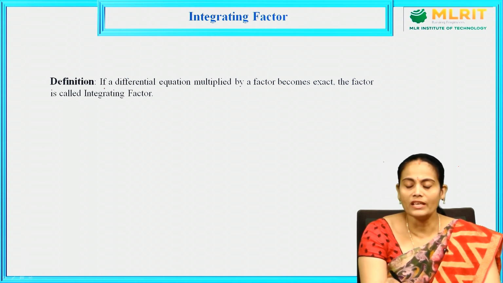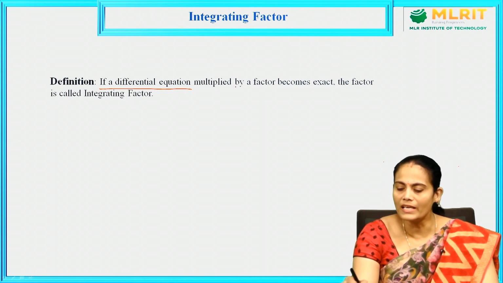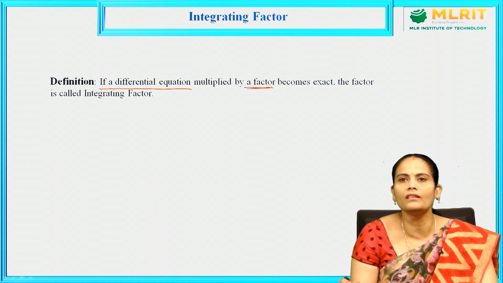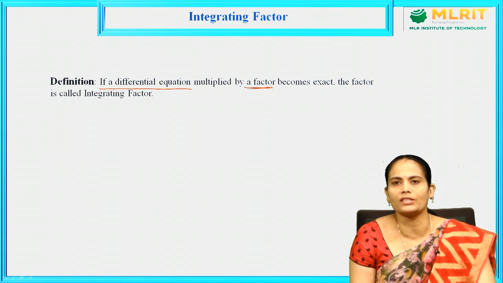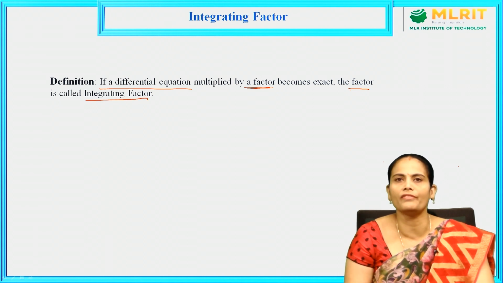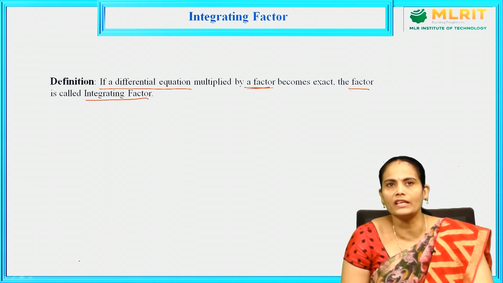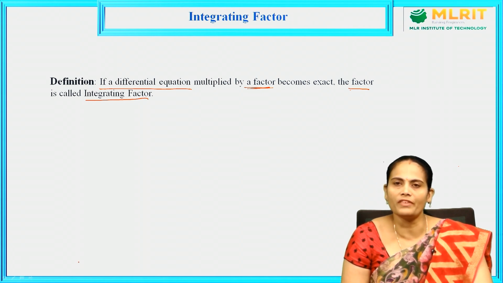If a differential equation multiplied by a factor becomes exact, then that factor is known as an integrating factor. Let me see again the definition of an integrating factor. If a differential equation multiplied by a factor becomes exact, then that factor is known as an integrating factor.